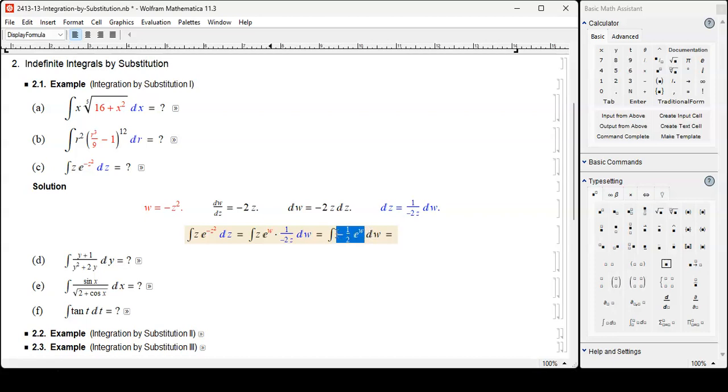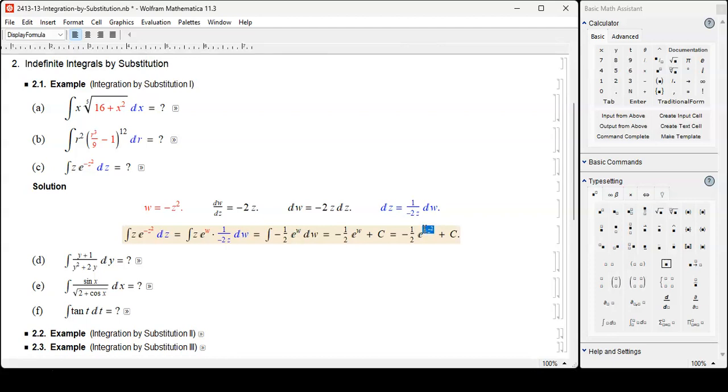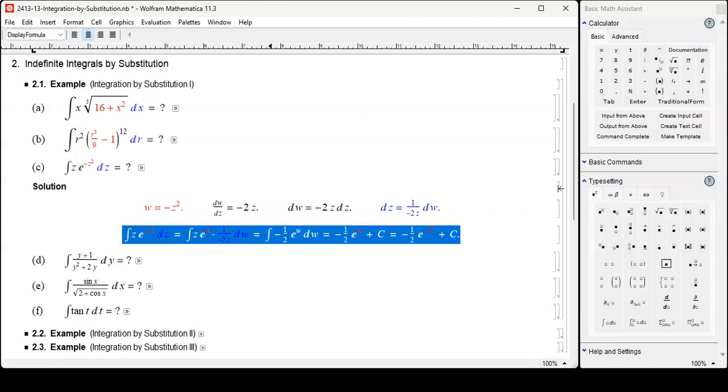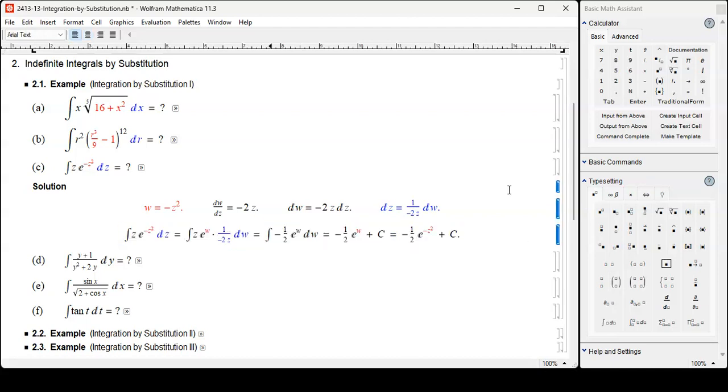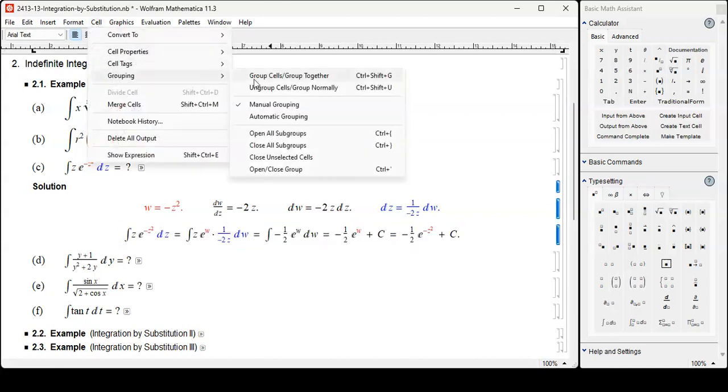Exponential function always remains the same, so we get this. And then this w can be replaced as negative z squared, as the original problem said. And that'll complete the problem, I guess. What do you think?